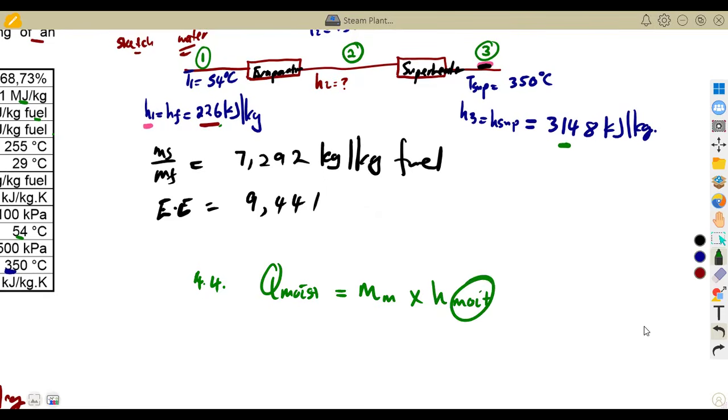But how do we find this mass for the moist or flue gases? It must be wet, so we remove the one that is when it is dry. Remember, there is when it is dry and when it is wet.